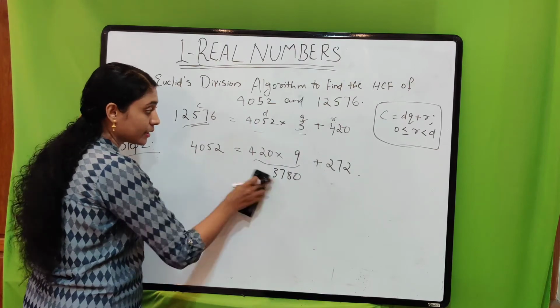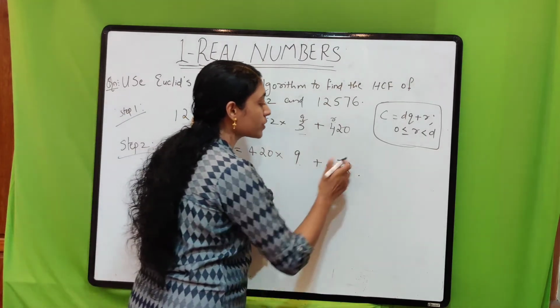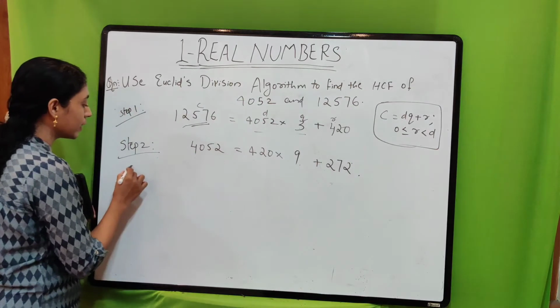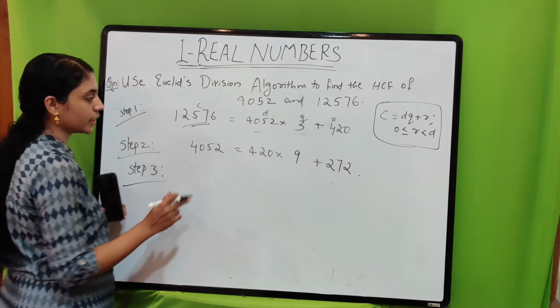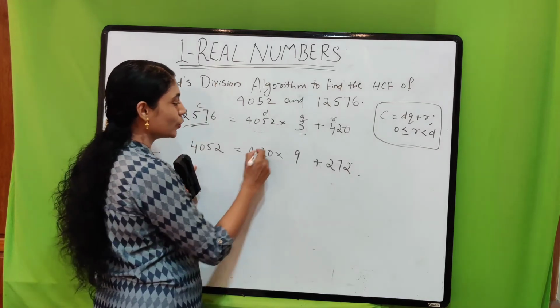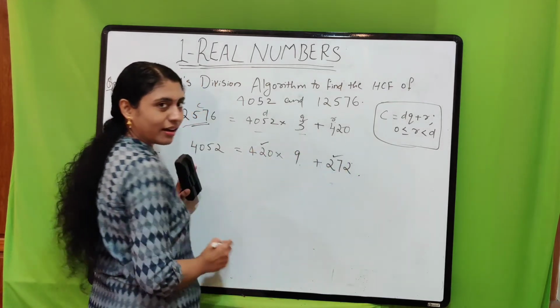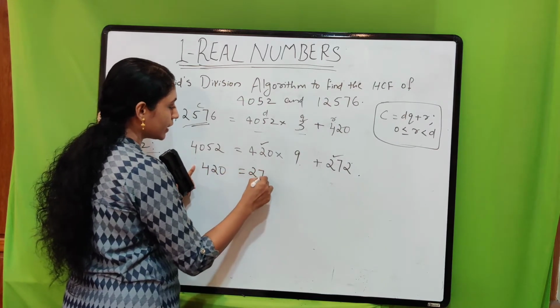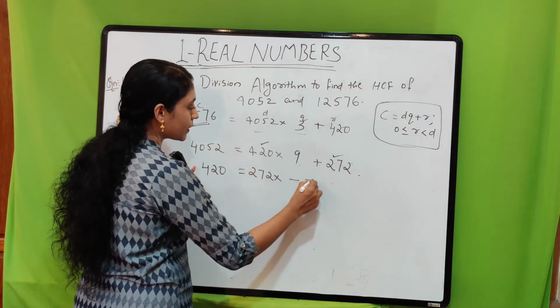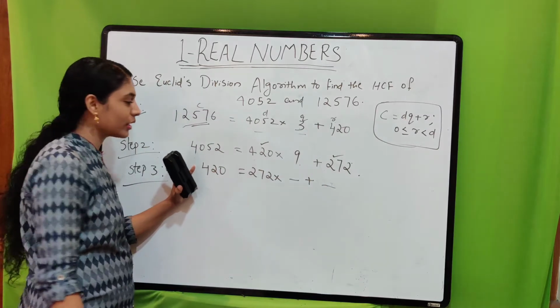Next step, is the remainder 0? No, the remainder is 272. So we have to apply division lemma till it reaches 0, right? Apply Euclid's division lemma to D and R. That is 420 is equal to 272 into dash plus dash. What is Q and R?